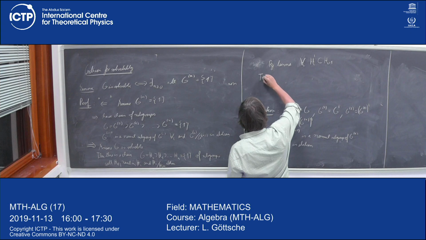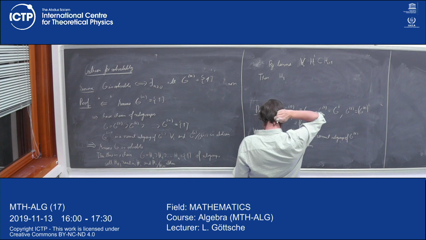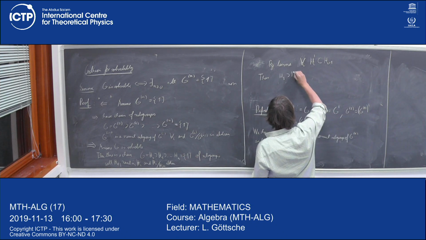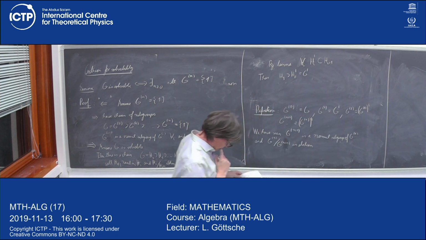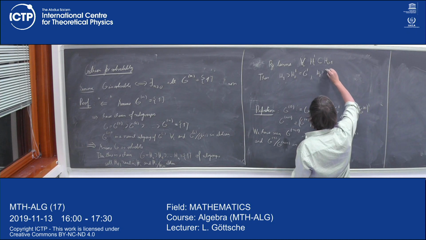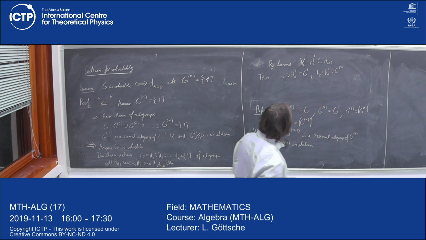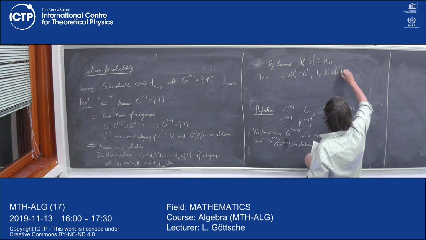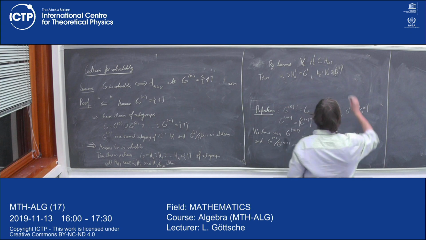So thus, we have that H1 contains H0 prime, which is G prime, H2 contains H1 prime, which contains G prime prime, because if I apply prime to something, it gets smaller, which is G double prime.